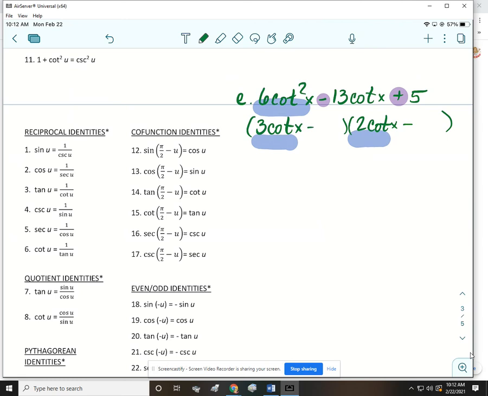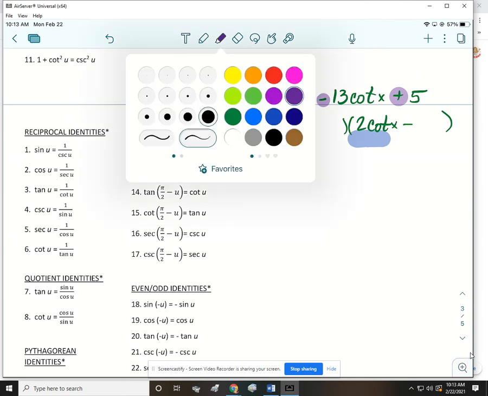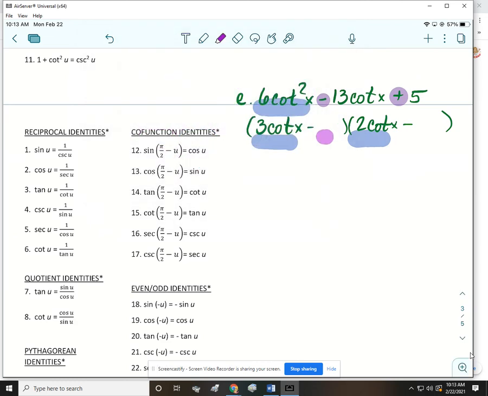And then what I put here and here needs to multiply to give me 5. And the only choices there are 1 and 5. So we just have to play with it to see where we would put the 1 and where we would put the 5, so we end up with a 13.